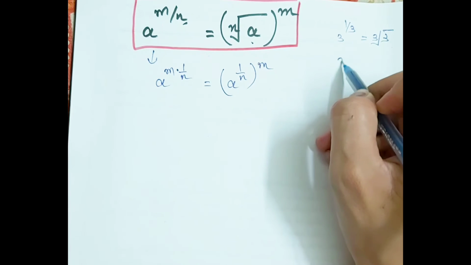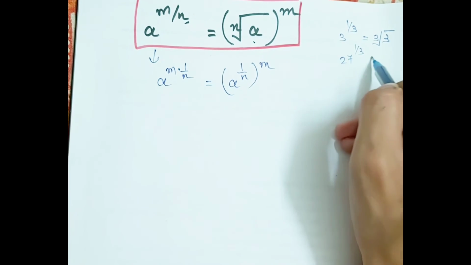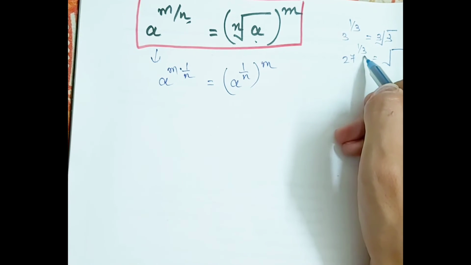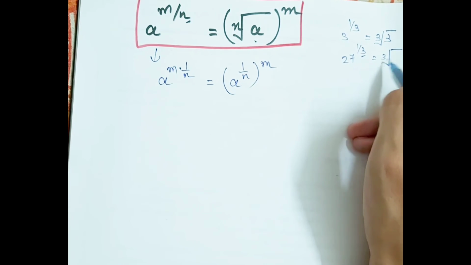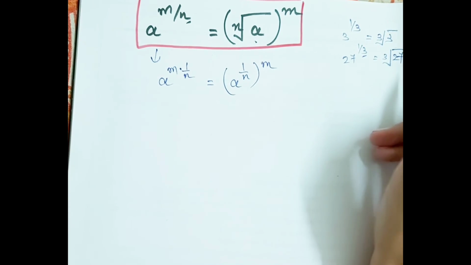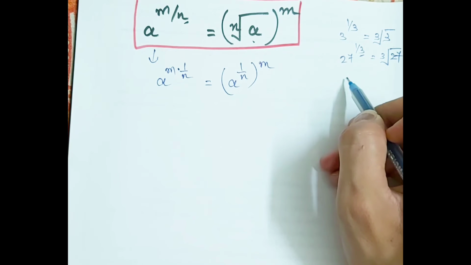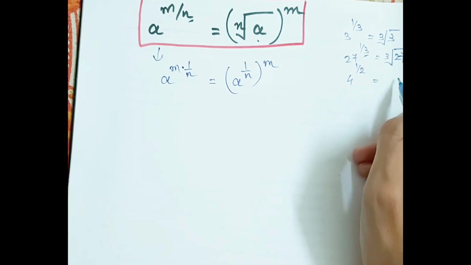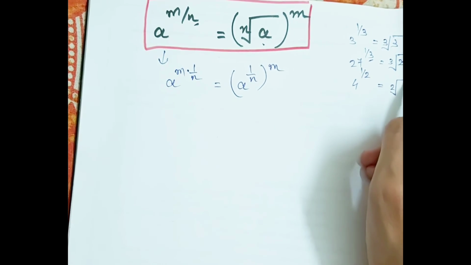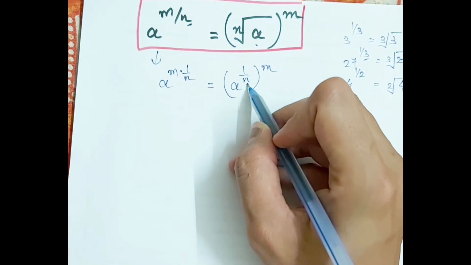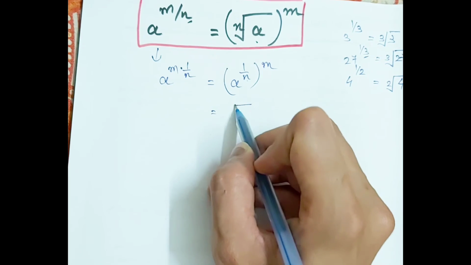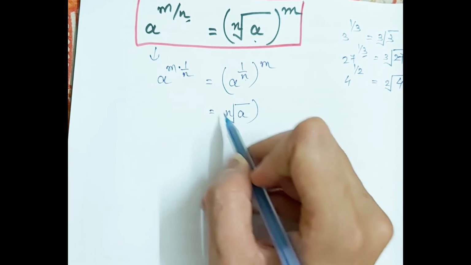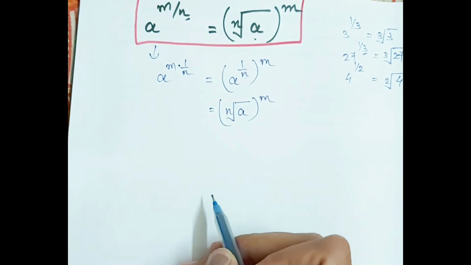Or let's say 27 raised to the power of 1 over 3, we just make a cube root. Why? Because the value in the denominator goes here and the base remains the same. Let's say 4 to the power of 1 over 2, then we just make a square root. Similarly, whenever you have this value here, you are just going to place it as the index value and the exponent remains the same.